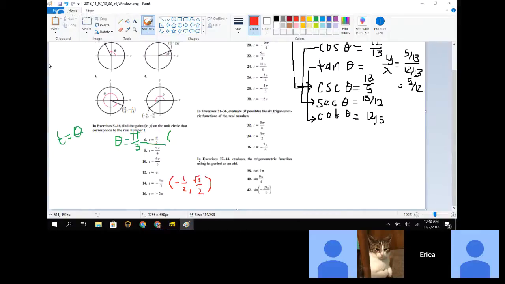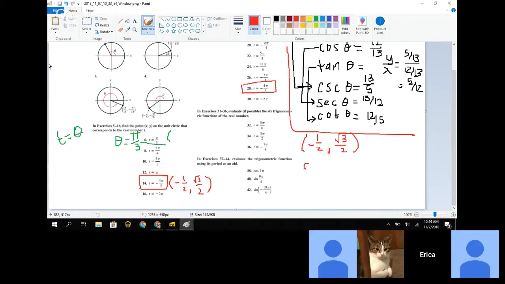So if you look up here, this is number 14, right? You had to find the coordinates where theta equals negative 4 pi over 3. And if you skip over here to number 28, it says, evaluate, if possible, the sine, cosine, and tangent of the real number. Okay, so I know the coordinate of negative 4 pi over 3 is at negative 1/2 and square root of 3 over 2.